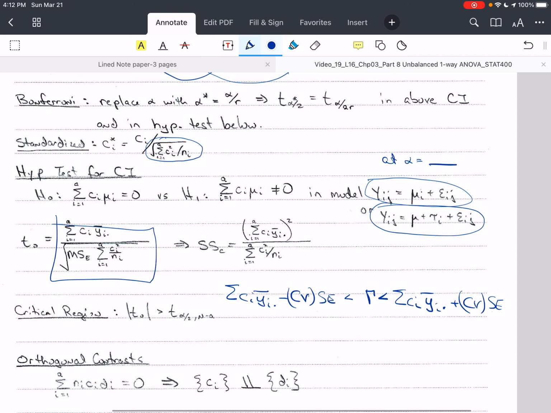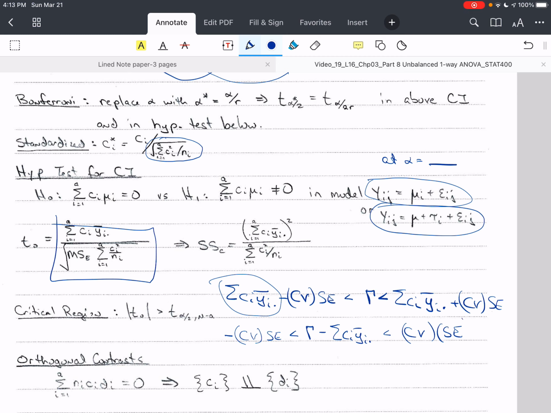And what we do is we subtract this quantity from all three portions. So we have negative CV SE of the mean, and then we'd have gamma minus sum of ci yi dot bar, and then that would be CV times SE here.